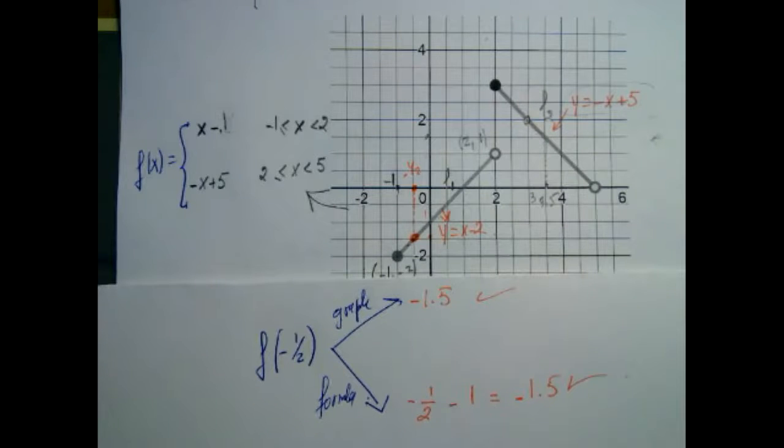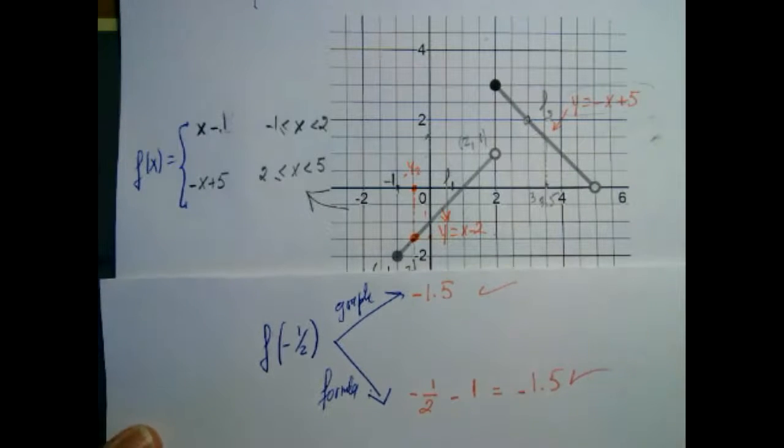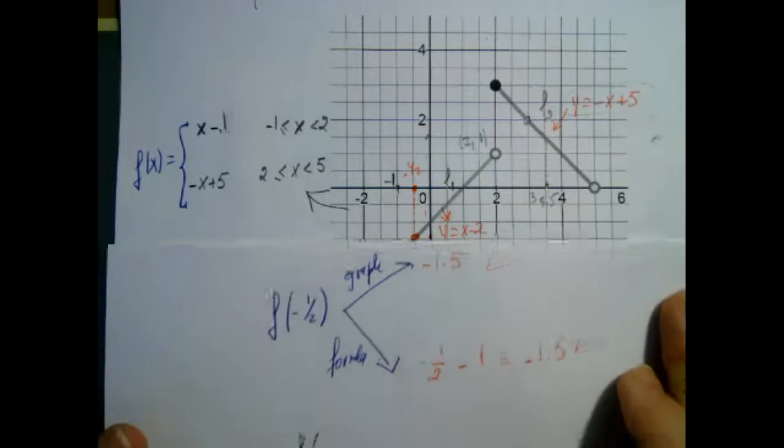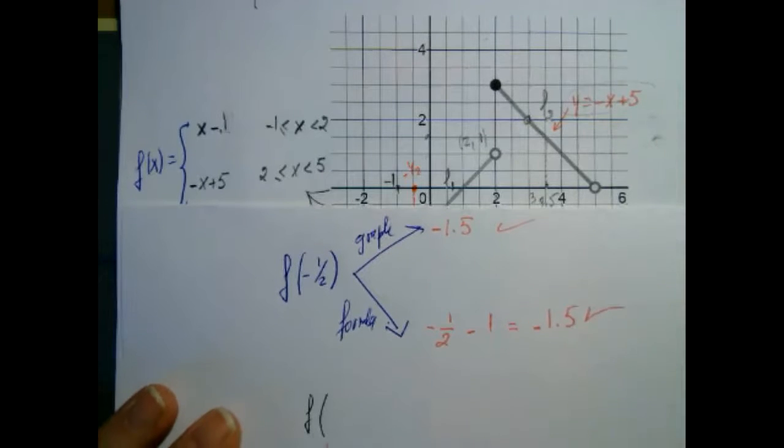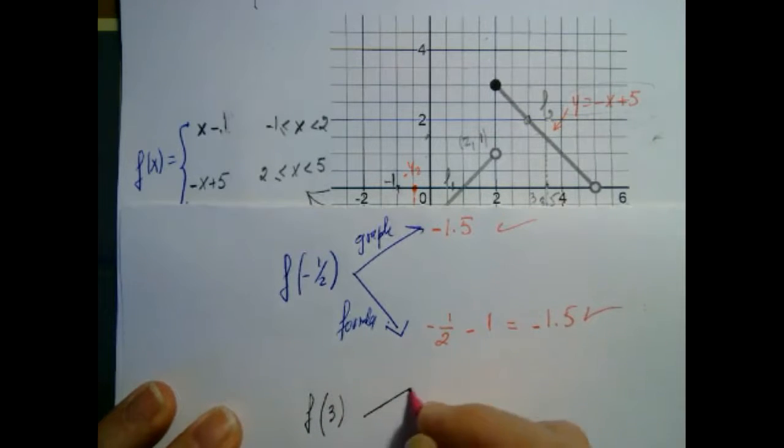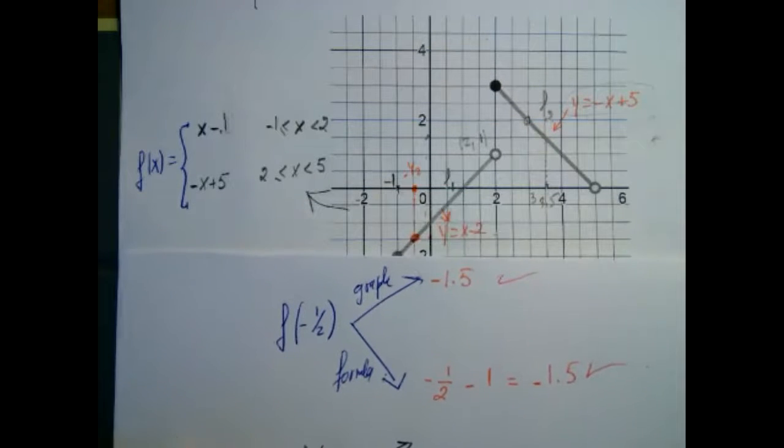Okay, I'll give you one more value, f of 3. So f of 3, let us say, okay, f of 3. Again, I want you to do it graphically and with the formula. And they both have to agree.